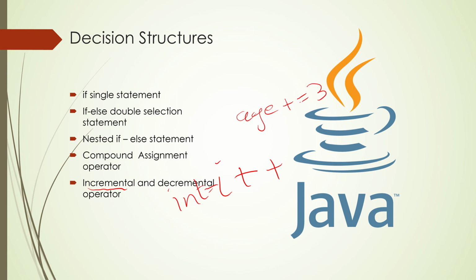Then a decremental operator: I write an integer i, and if I say i minus minus, then whatever the i value is, for example first time i is 9, then after we execute, or if it is a loop, it becomes 8.